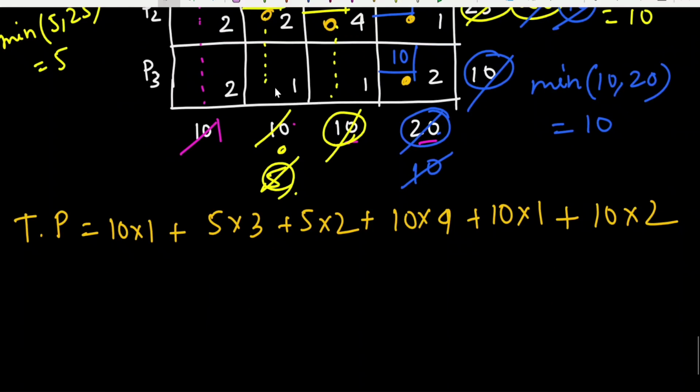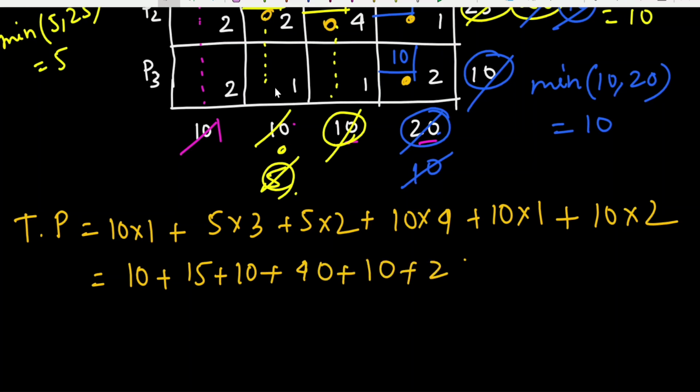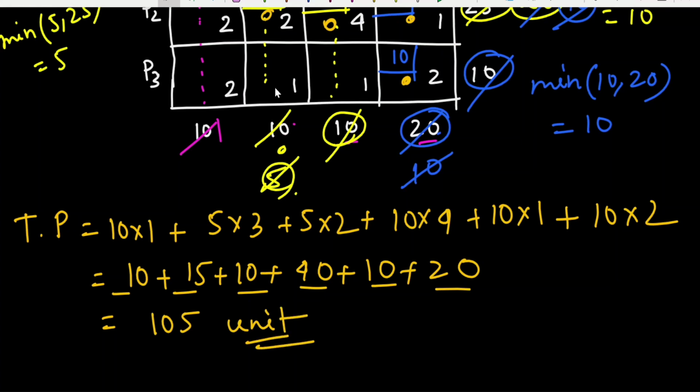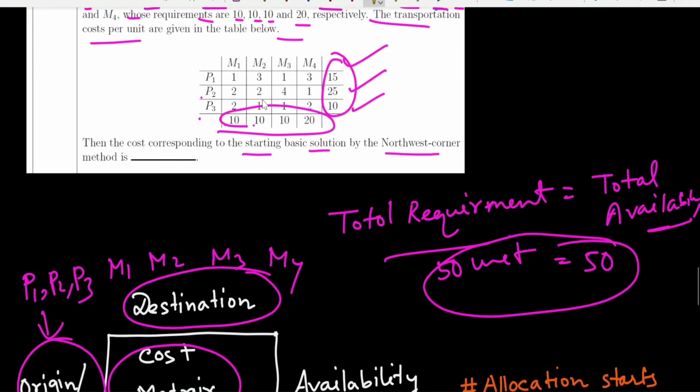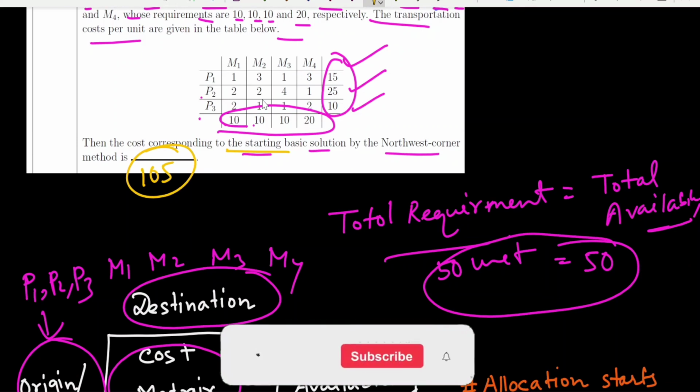So this is equal to 10 plus 15 plus 10 plus 40 plus 10 plus 20, which gives 105. So the total transportation cost is 105 units. Therefore the cost corresponding to the starting basic solution is 105 units. This is the answer of this problem.